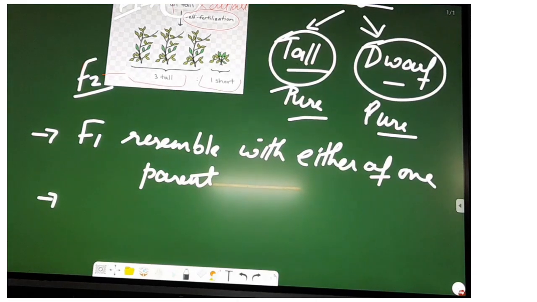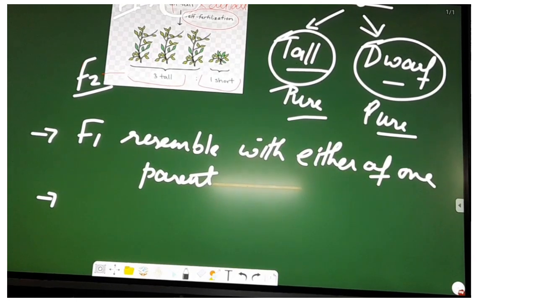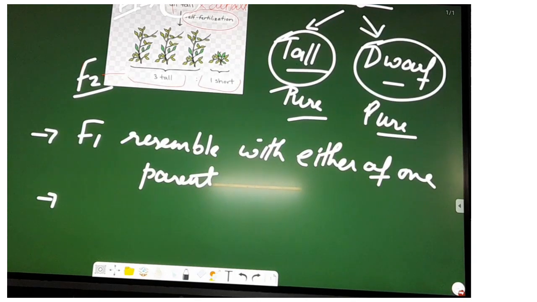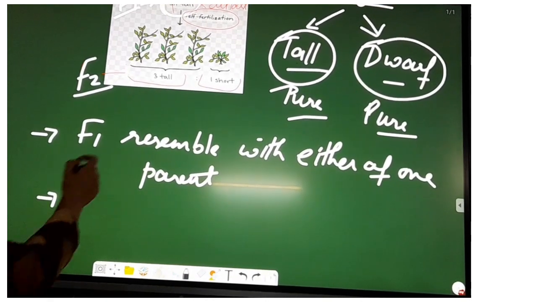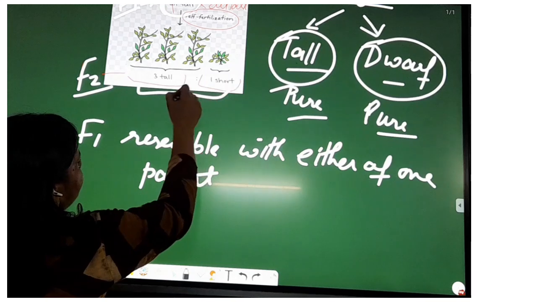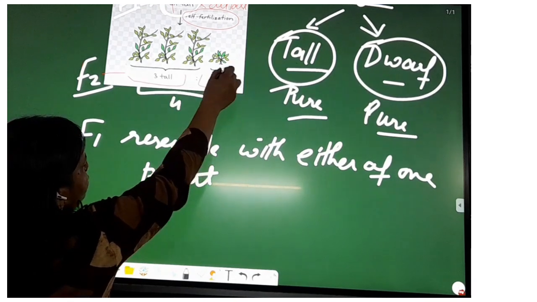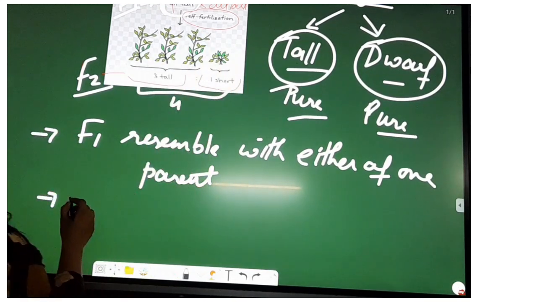Then the self-pollinated F1 plants, what did we obtain? In the F2 generation, we again obtained the parental combination. If these are 4, out of 4, 1 had the other parental combination.